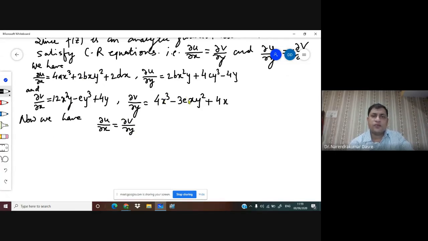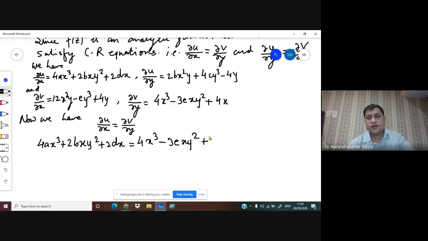So this term we have to compare with this term. So what we get here, 4ax cube plus 2bxy square plus 2dx is equal to 4x cube minus 3exy square plus 4x.